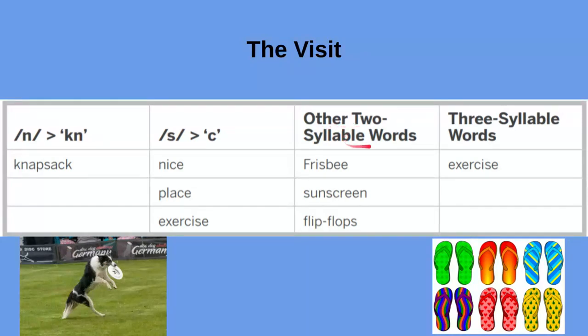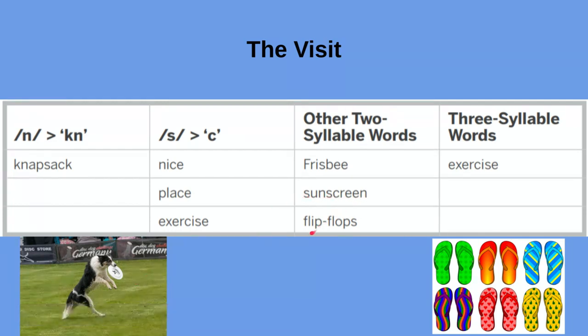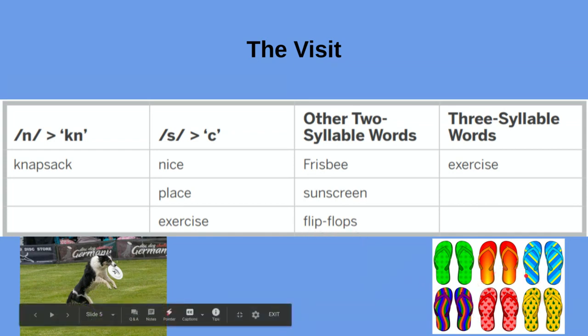These ones are 2-syllable words. So frisbee, and if you don't know what that is, I have a picture of a dog playing frisbee right here. It is that plastic disc that can be thrown. Then there's sunscreen and flip-flops. And there's pictures of flip-flops right here.